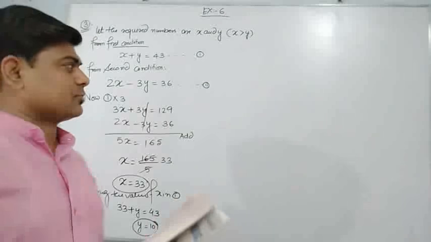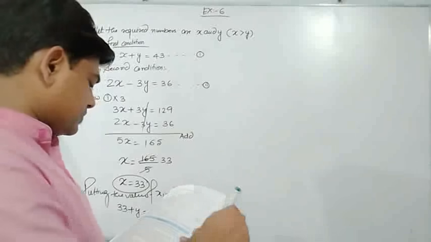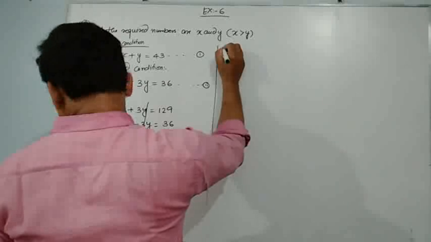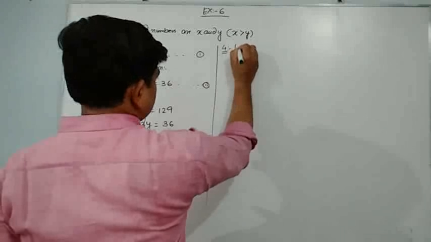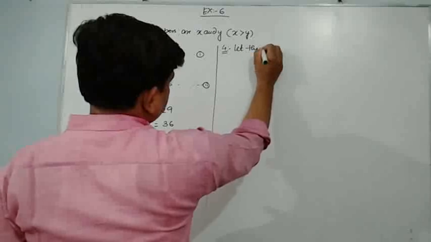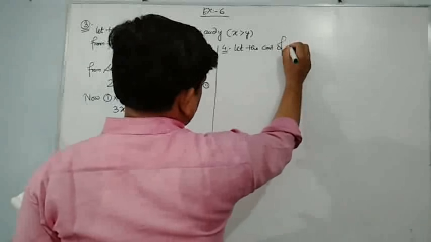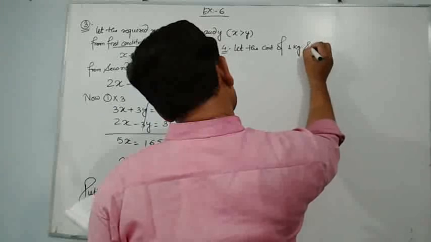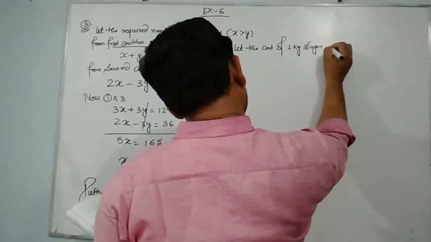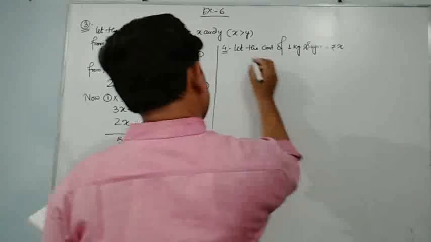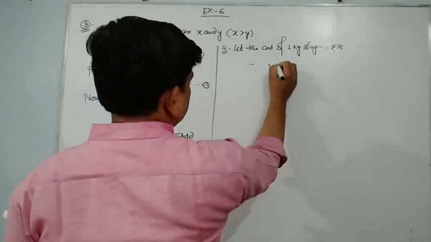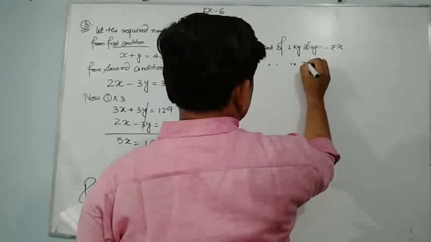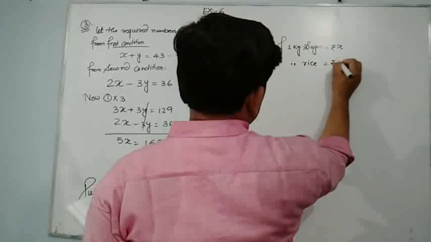I hope you are enjoying this class. I can say that in question number 4, let the cost of 1 kg sugar be rupees x, and the cost of 1 kg rice be rupees y.